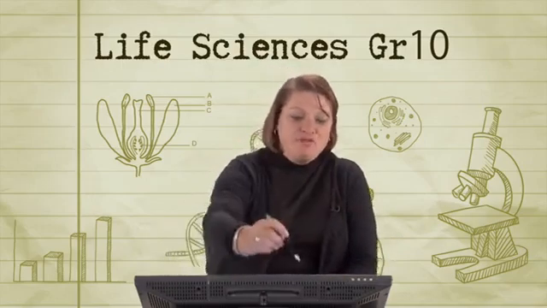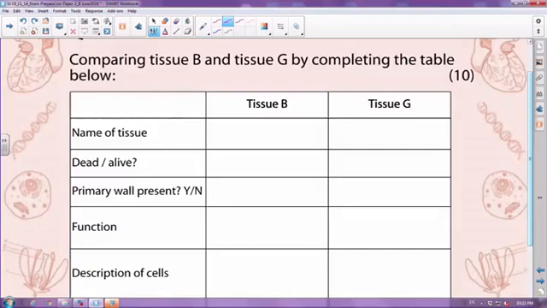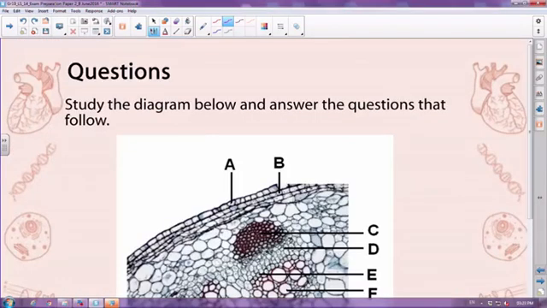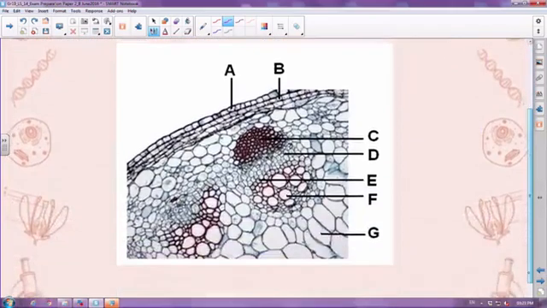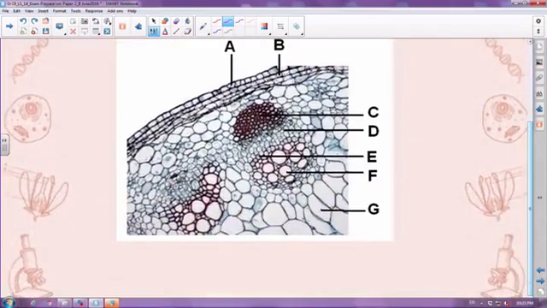Now, we have to compare tissue B and tissue G. You can see here, comparing is in a table. Guys, do you see how important it is to be able to label your diagrams? Because number B is here and number G is over here.